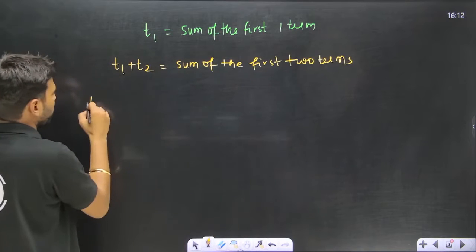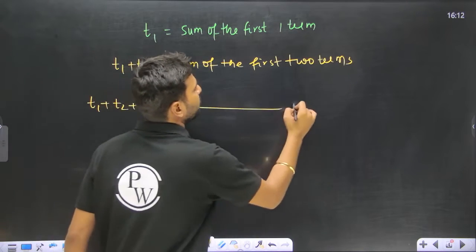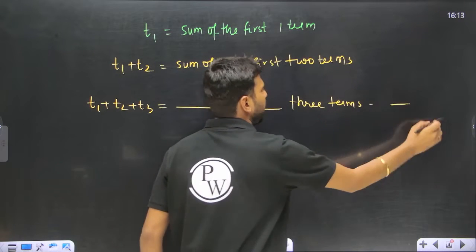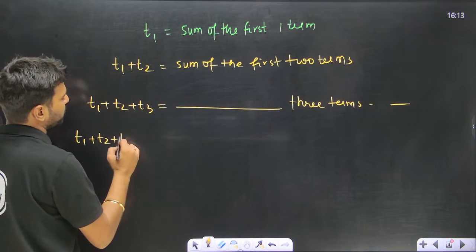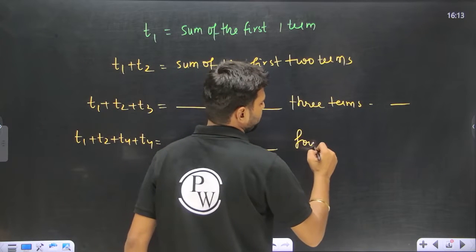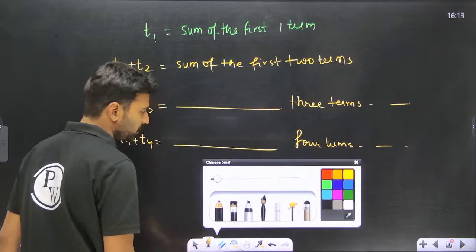T1 plus T2 plus T3 is nothing but the sum of the first three terms in a sequence, and so on. You have to apply the logic. So T1 plus T2 plus T3 plus T4 is going to be the sum of the first four terms in a given sequence. I hope you understood this.